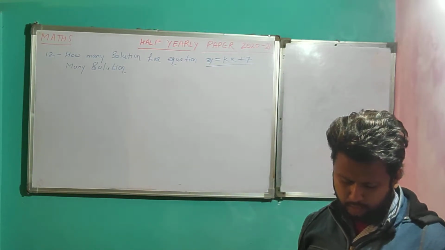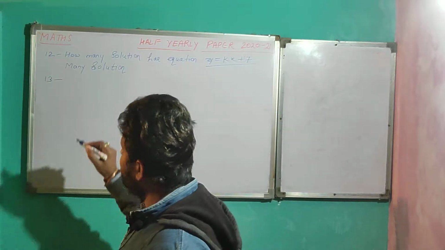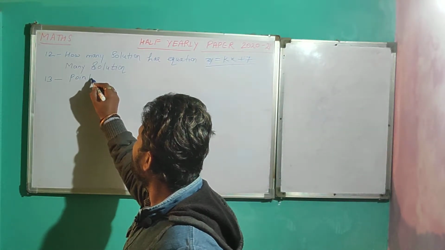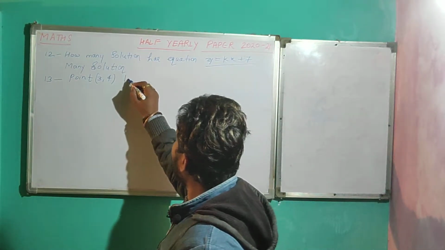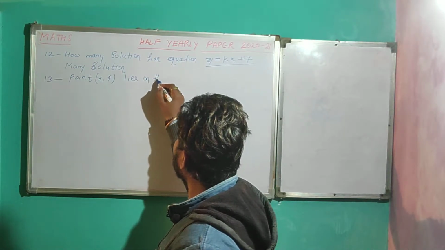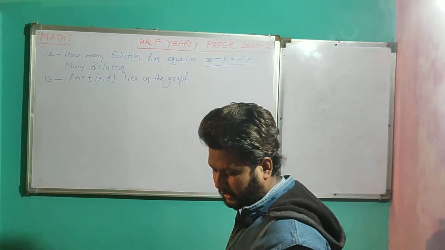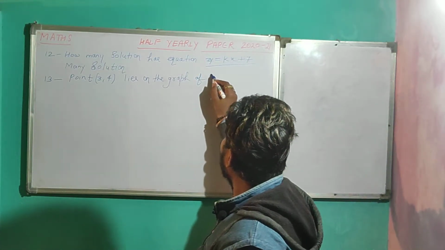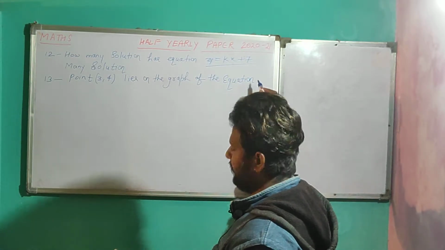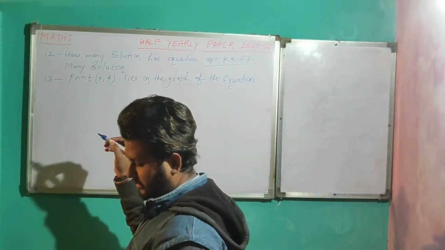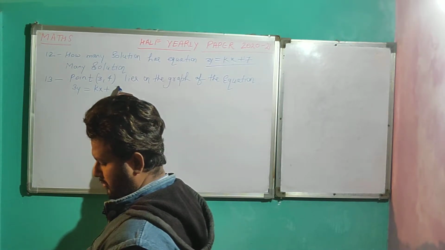Okay. Now, question number 13. A point (3, 4) lies on the graph of the equation 3y = kx + 7.